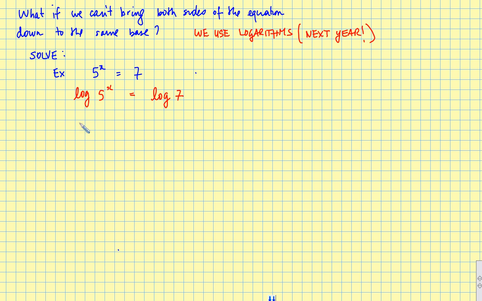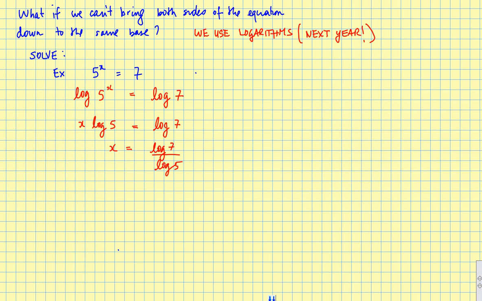And then we use the laws of logarithms, which you don't know yet, and then we isolate for x, so that we can get the log of 7 divided by the log of 5.